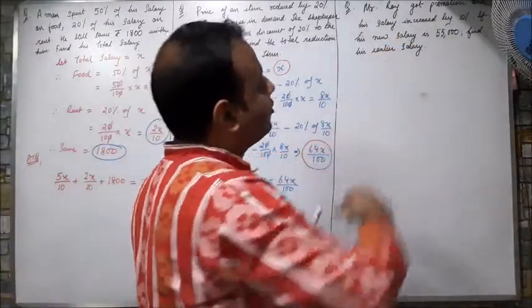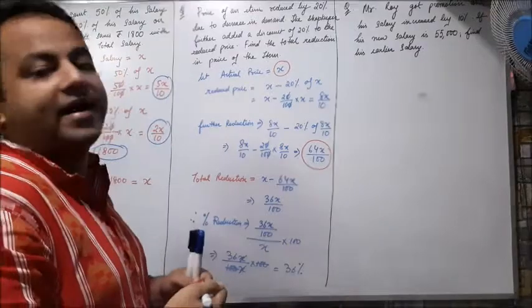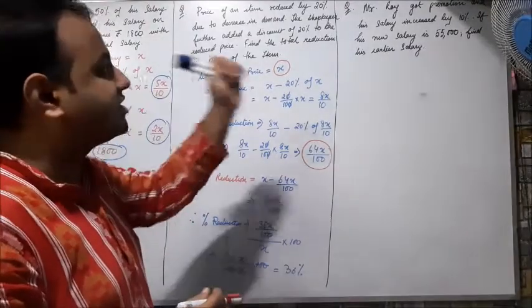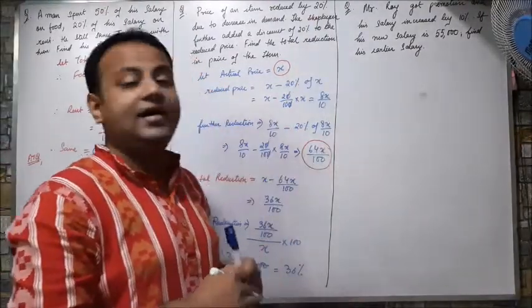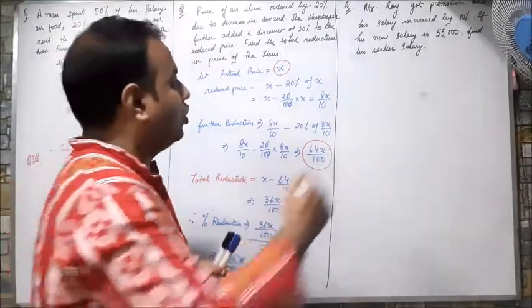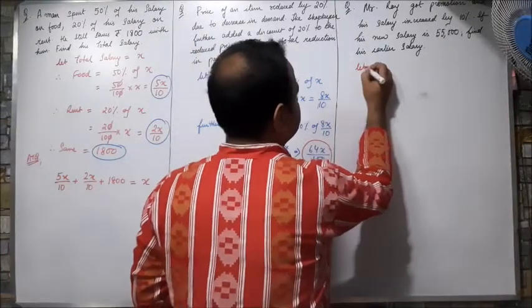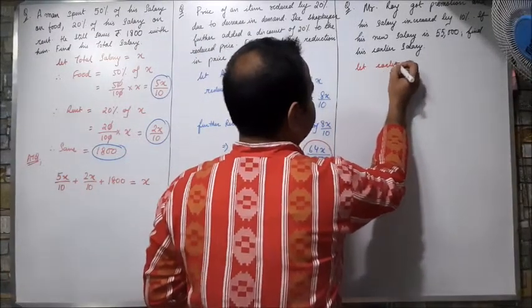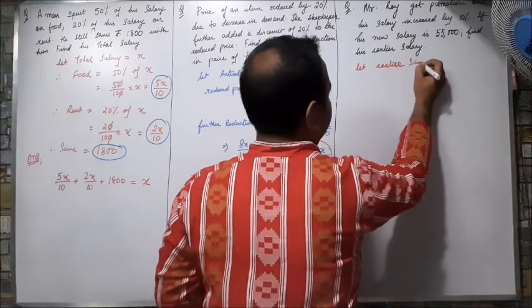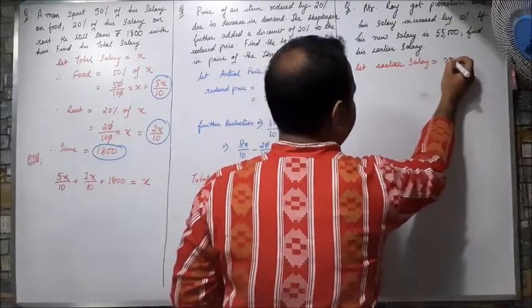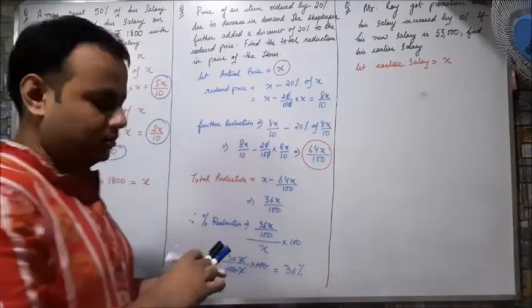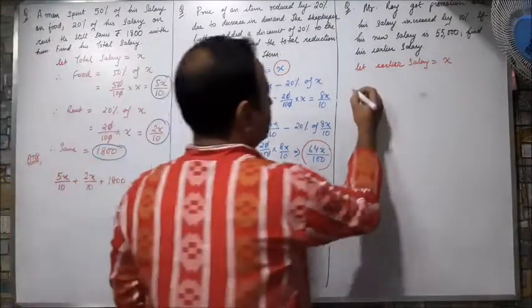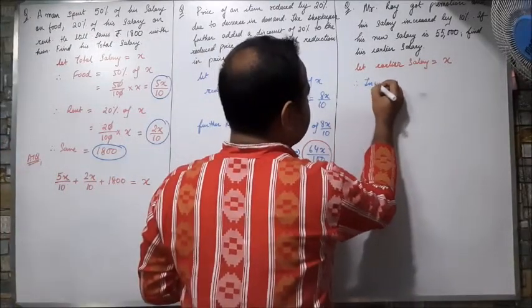Mr. Roy got a promotion and his salary increased by 10%. If his new salary is 55,000, find his earlier salary. So let the earlier salary be x. Therefore, increased salary.